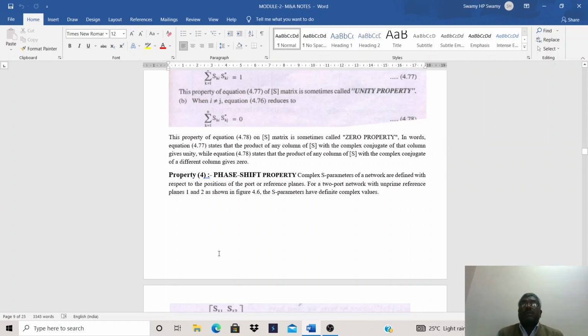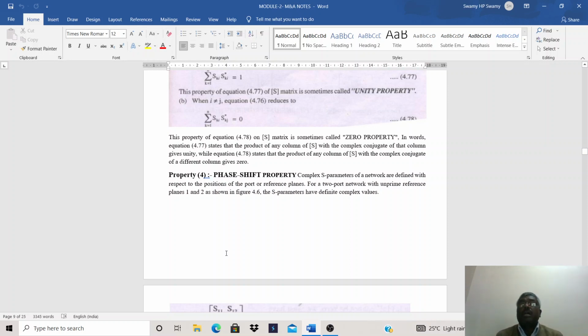Complex S parameters of a network are defined with respect to the position of the port or reference planes.